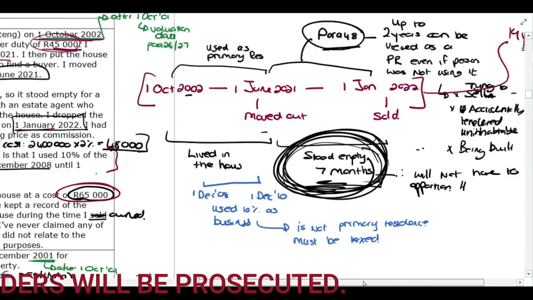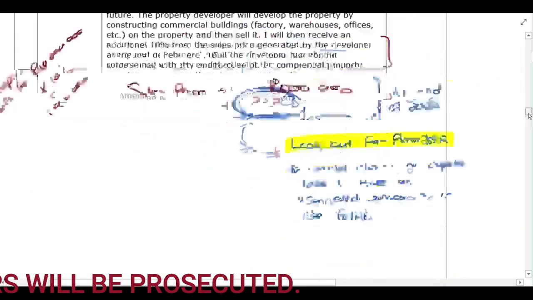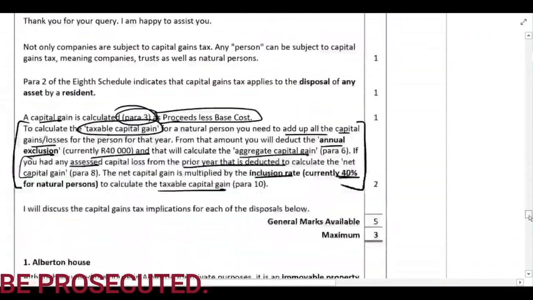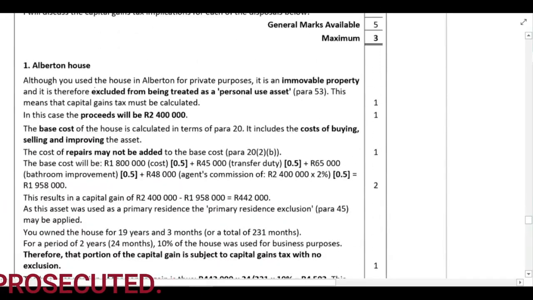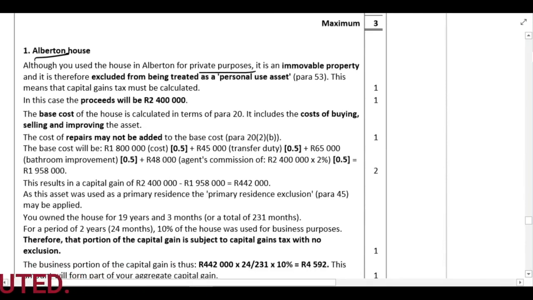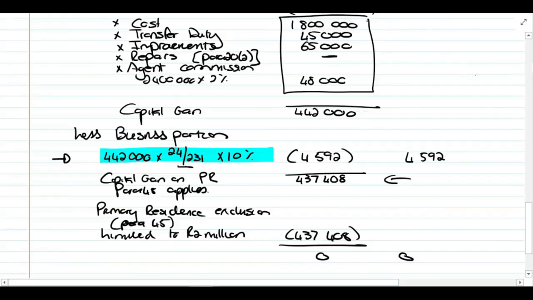So let's go and see it in the solution. So the house. First up, the house is private purposes, but it's immovable property, so it cannot be a personal use asset. You say what the proceeds will be, 2.4 million rands.